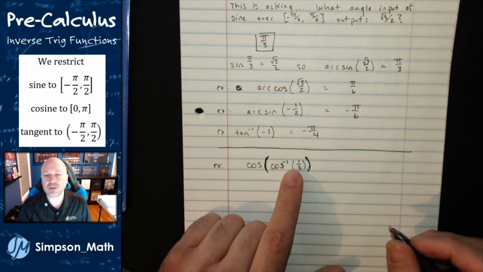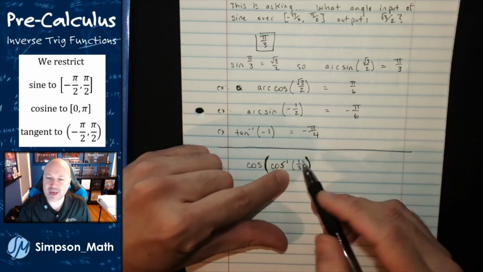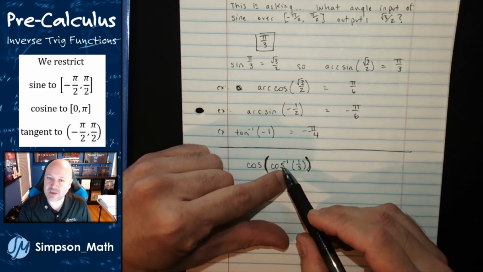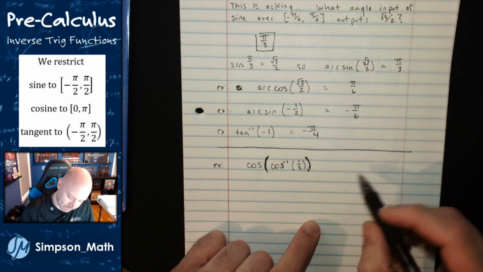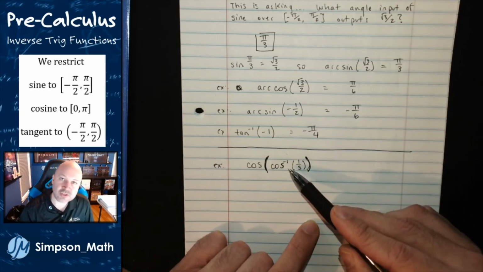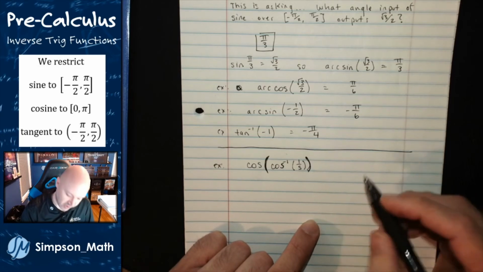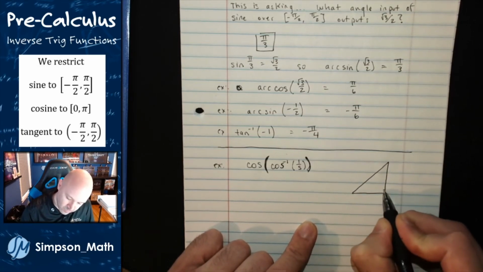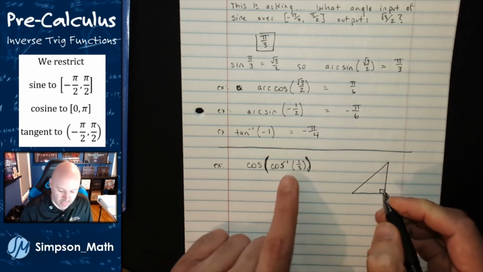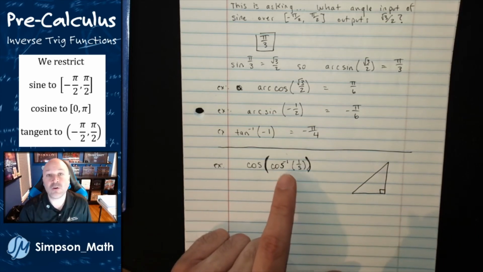Okay, I'm going to draw a triangle in such a way that cosine of the angle would be 1/5. Let's see if you can follow this. Someone mentions trig, they're talking about right triangles. This is referring to some angle in a triangle.